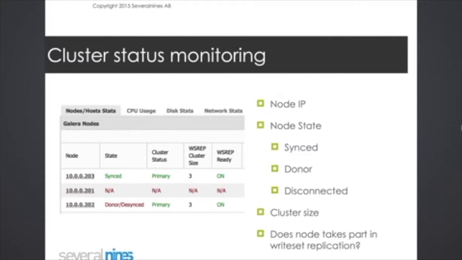And given that the 202 node is in the donor state, it's very likely that this 201 node is right now receiving a full state transfer. And so it's not that bad a state to be in terms of the whole cluster status, because sooner or later it should recover and the cluster should be back up.